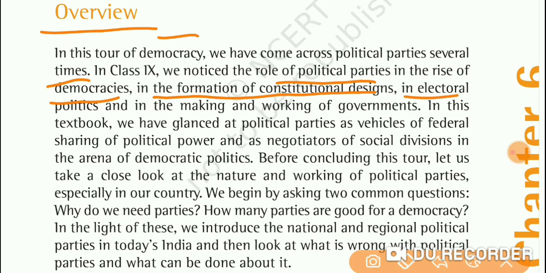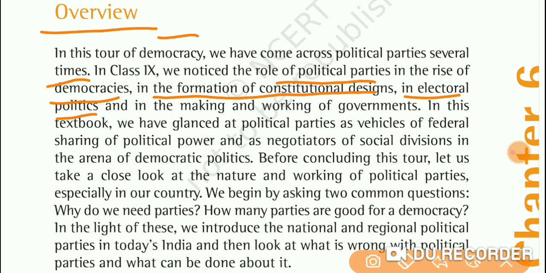And we have also discussed in electoral politics the important roles played by political parties in conducting elections, and how political competition is conducted in our country and in many other democratic countries. That has also already been discussed in 9th standard.